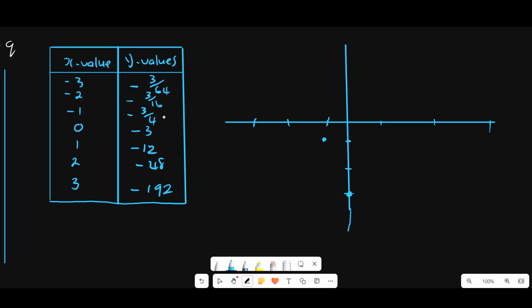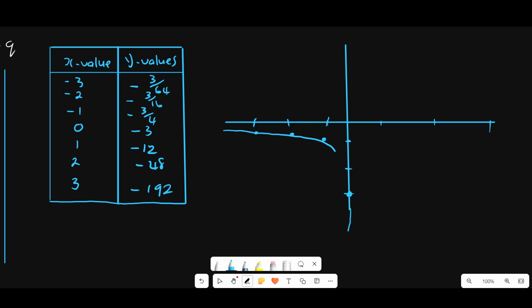And then you can see that the y value keeps on going up. So as I go to negative infinity, the graph reaches 0, meaning my graph will start from this point here, and then you join all these dots. Okay, we're not drawing to scale, but we'll understand.